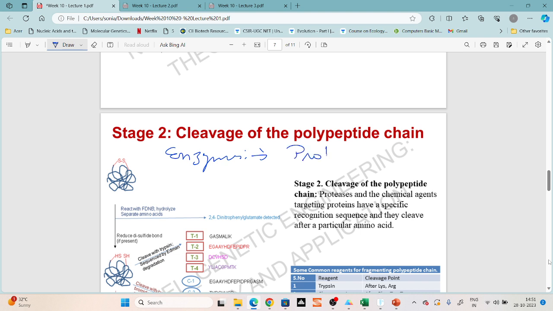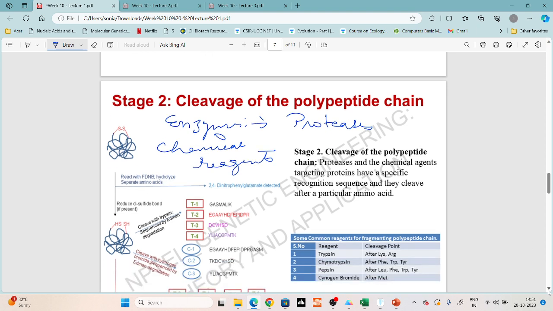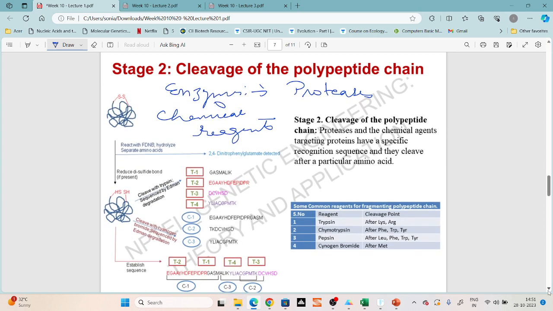Proteases, or with the help of some chemical reagents. These are some of the enzymes which can be used for cleaving the polypeptide chain.